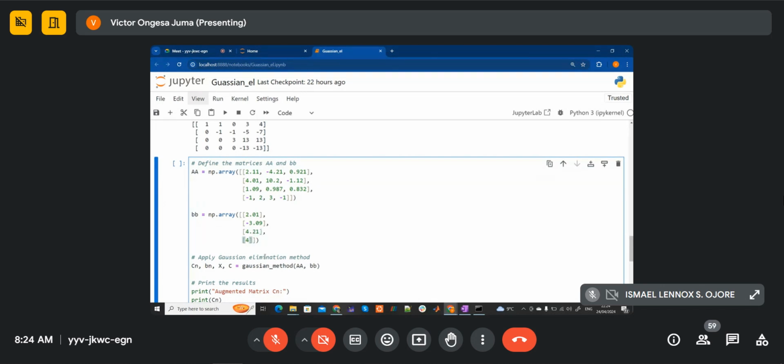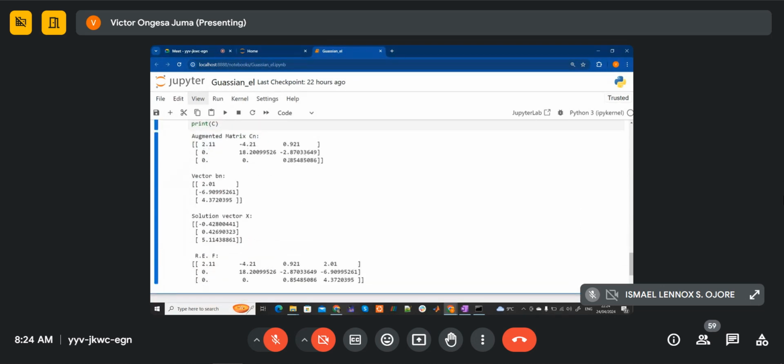I think I have to remove this. I think I removed something extra. And the same also here, I need to remove this. Let's hope it works. And so once I have this, control enter.